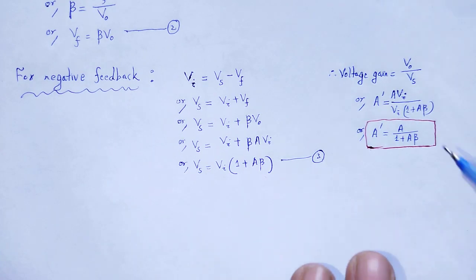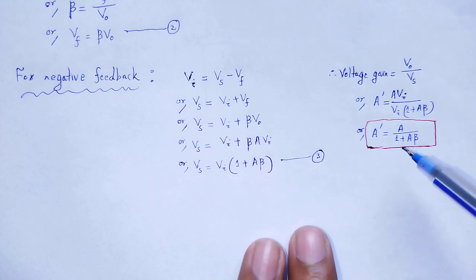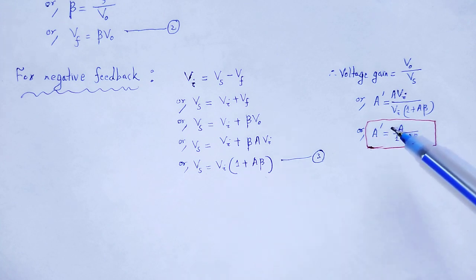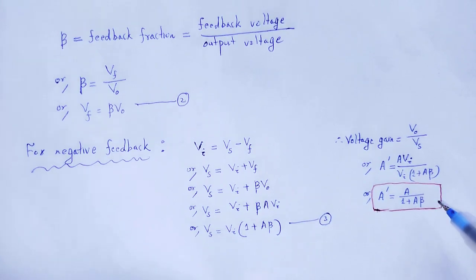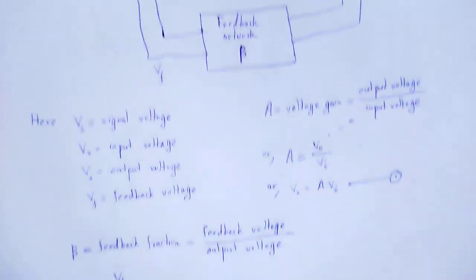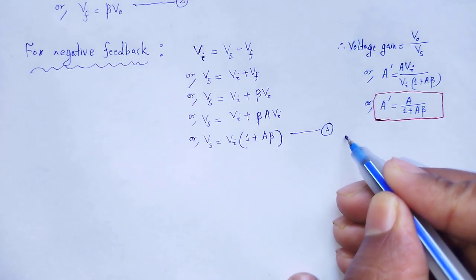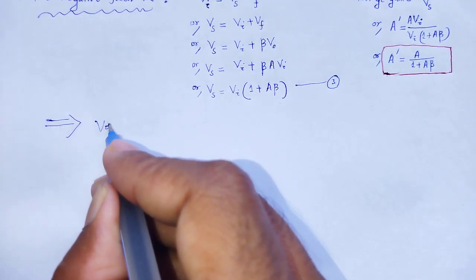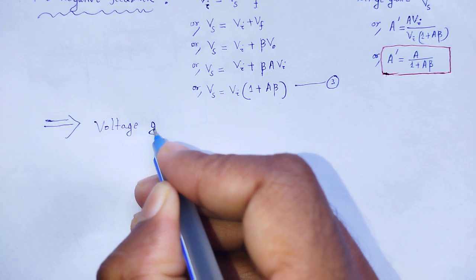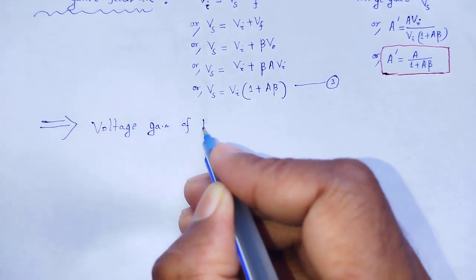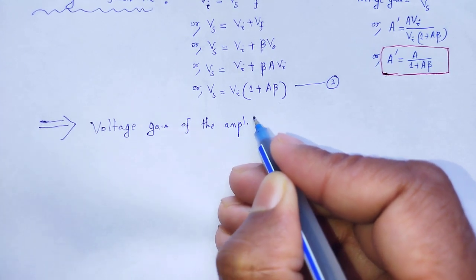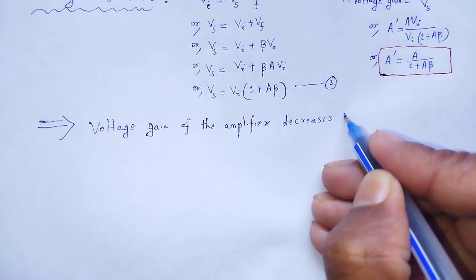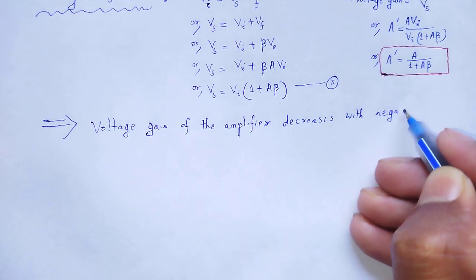From this expression, we can easily show that the voltage gain of the amplifier decreases with negative feedback.